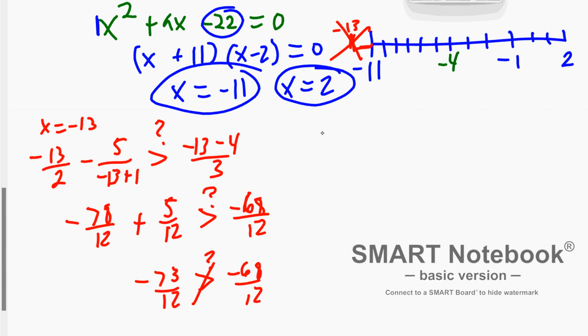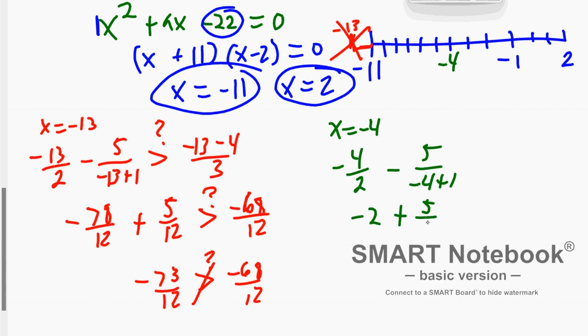Okay, so we plug in x equals -4, so we get -4 over 2 minus 5 over x, -4 plus 1, which reduces down to -2 plus 5/3. And we're going to see, is this greater than our x, -4 minus 4 all over 3? Is that equal to -8/3?